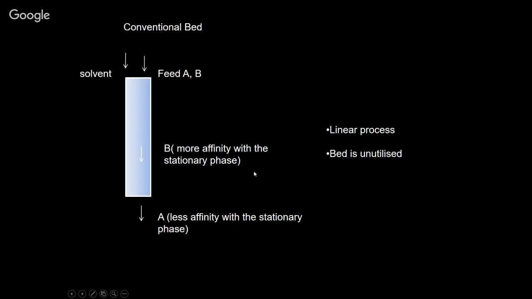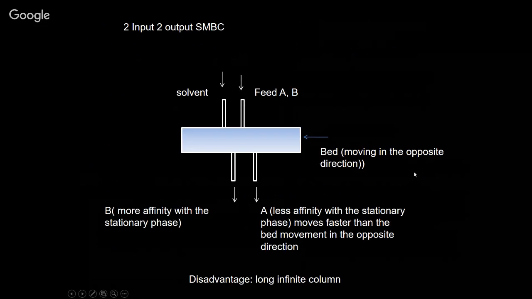So how do we overcome this problem? That's why the simulated technique came into being. Suppose we have feed AB entering here, solvent is entering here, and imagine the bed is moving in this direction. Because B has more affinity to the stationary phase and A has less affinity, A will start coming here and B will start coming here.